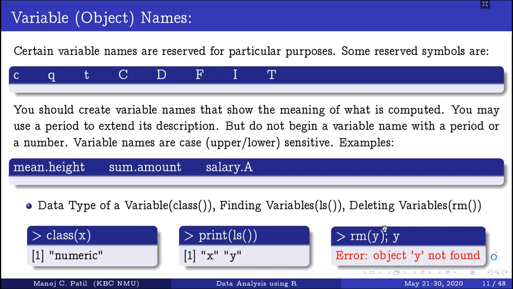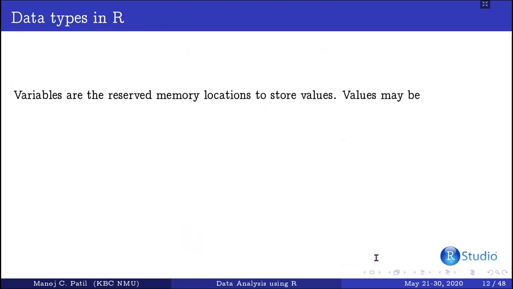To remove, suppose we want to remove the y variable, we use rm(y), and if we then ask what is y, it will show an error: object y not found. Now, data types. We have used the previous commands class, ls, and rm. I'm going to show them again after the data types.